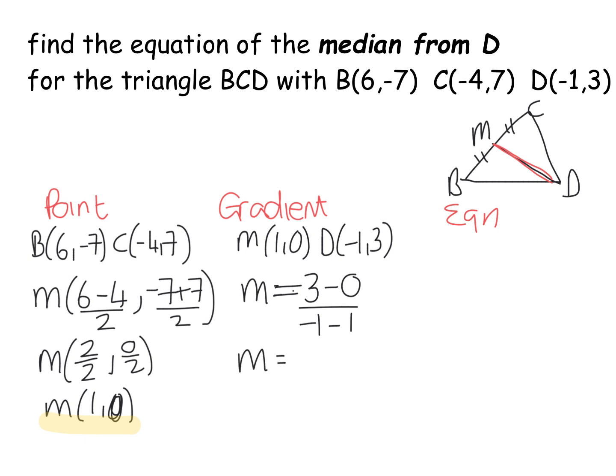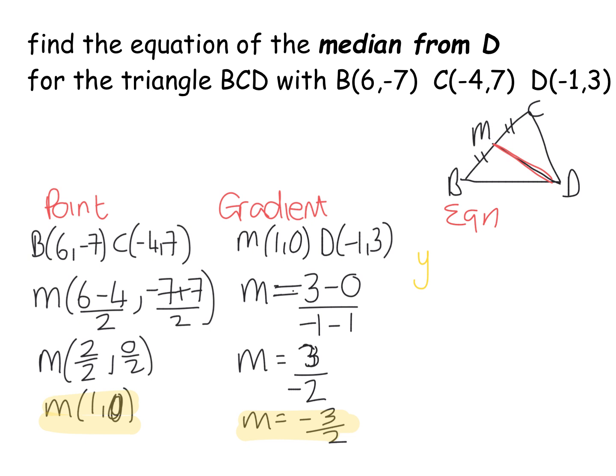So my gradient is just 3 over -2. Which would be nicer to just write as -3 over 2. It's nice to bring the negative up to the top, particularly for when you come to do your subbing in to the equation of a straight line. So these are what I'm then going to use in my equation. I'm going to use the midpoint 1, 0 and the gradient -3 over 2.